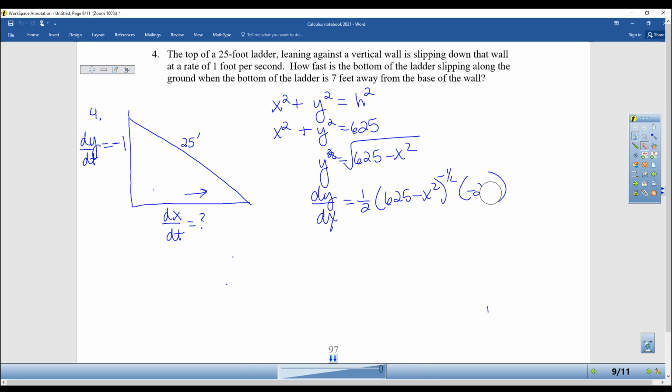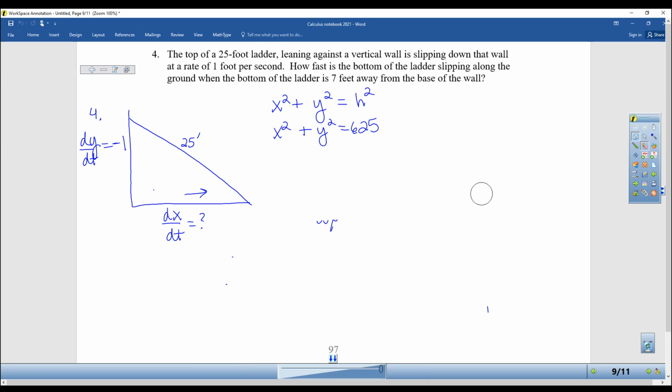there is a little bit of a shortcut that you can take. It actually works on all problems, but that is just too annoying to work with, with square roots and negative fractional exponents and things. Watch what you can do instead. You can do implicit differentiation. I can take the derivative with respect to t.